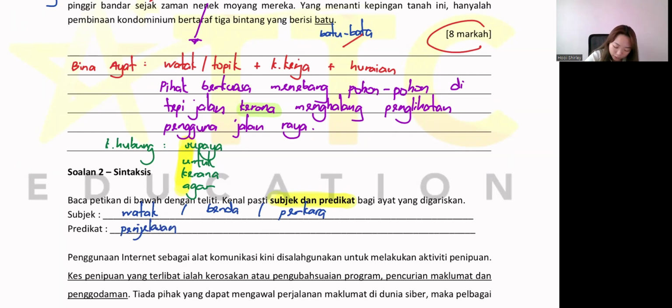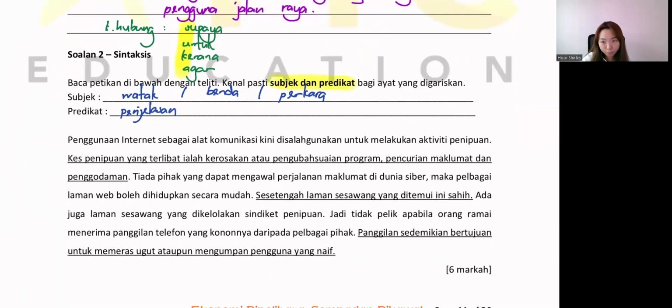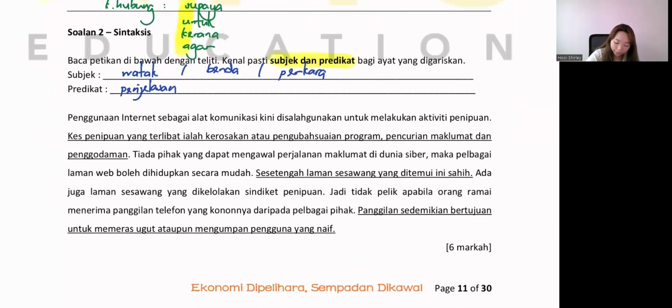So for this question, the subject is what? Pihak berkuasa. This is the subject. Then the rest is the predicates. Okay. All right, then. Why am I saying that subject and predicate so important? It's because questions like what?